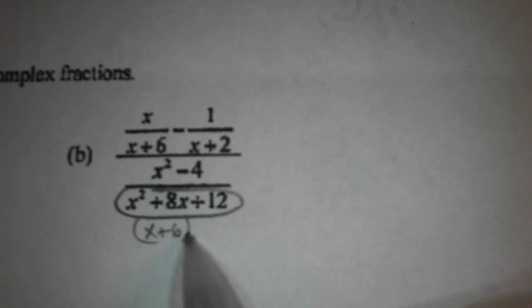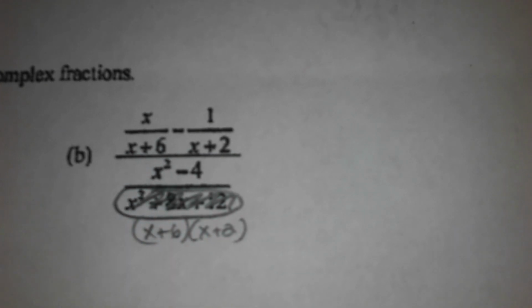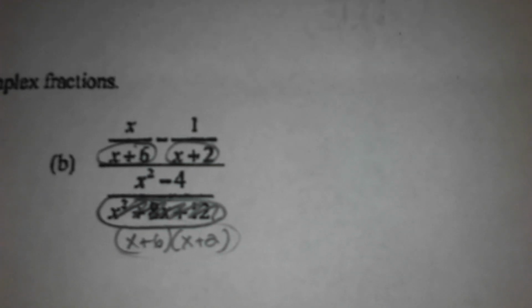Good, x plus 6, x plus 2. So I have 3 mini denominators: x plus 6, x plus 2, and x plus 6, x plus 2. So Natalie, what would be the least common denominator of all 3 of those? Right, and then that's what you multiply by. So up top, x plus 6, x plus 2. On the bottom, x plus 6, x plus 2.